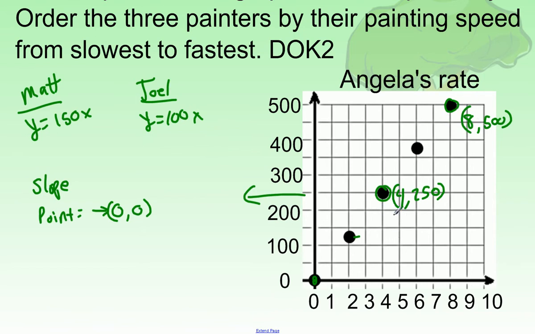Okay, so I'm going to use the smaller one, or I've got to find the slope. That's what I'm finding here. From one point to the next, if I go up, how much is it from here to here? That's 250 to 500, so that's going up 250 over 1, 2, 3, 4. 250 over 4.